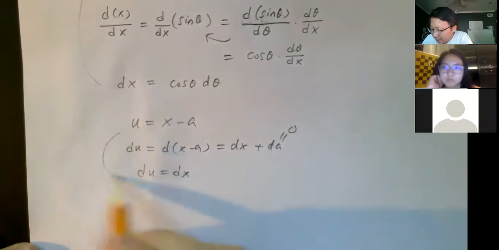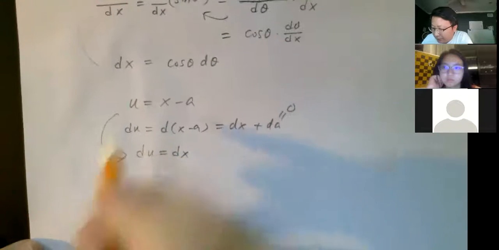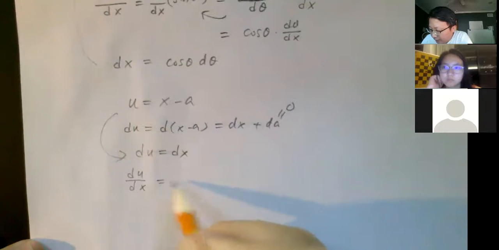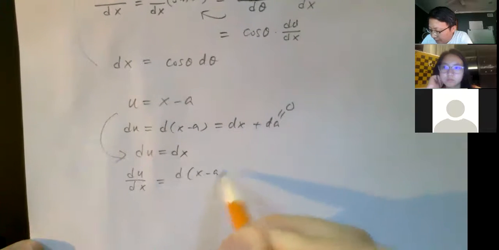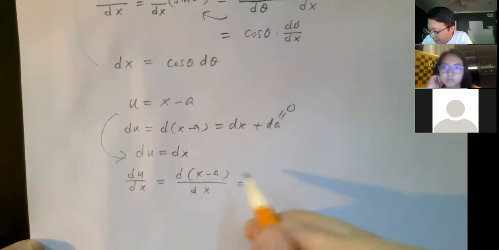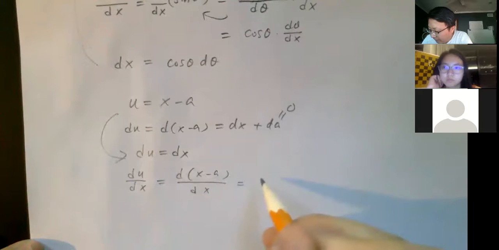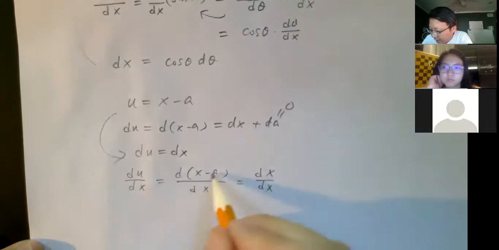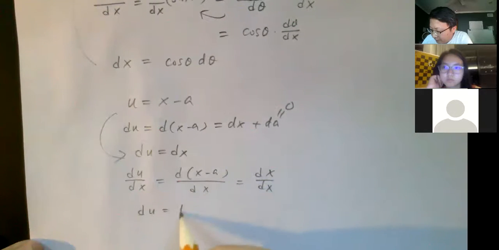Why is this? If it's hard to understand, just treat it as a function and take the derivative of x minus a. This one we know is dx over dx, because a's derivative is 0. So this is basically du equals dx.